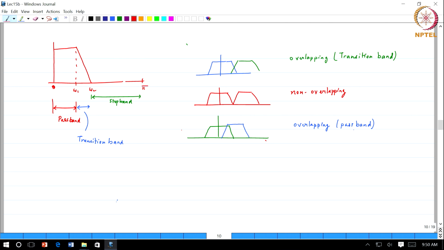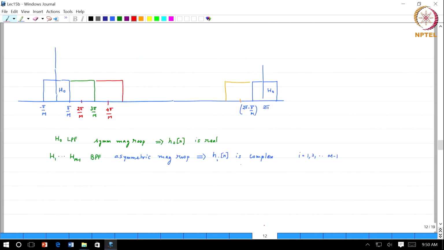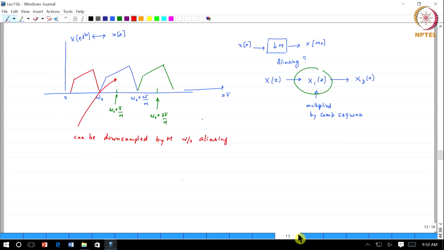You can have different categories: overlapping, non-overlapping, or significantly overlapping. The ideal case would be ideal low pass filters, starting with an ideal low pass filter and then generating the shifted versions. And we have observed that such signals can be downsampled by a factor of m.